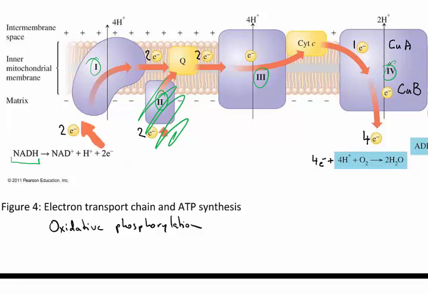Okay, so let's look at what happens in a stepwise manner. All of these enzymes are located on the mitochondrial inner membrane. So they're sticking out into the matrix on one side and into the intermembrane space on the other side.